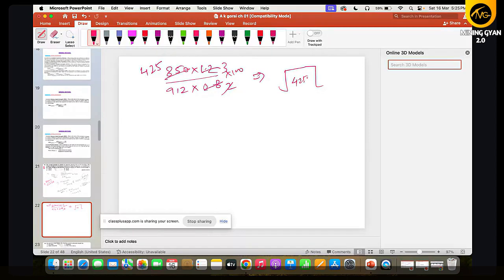So 42500 divide by 129, the value will come. नहीं 850 by 9.